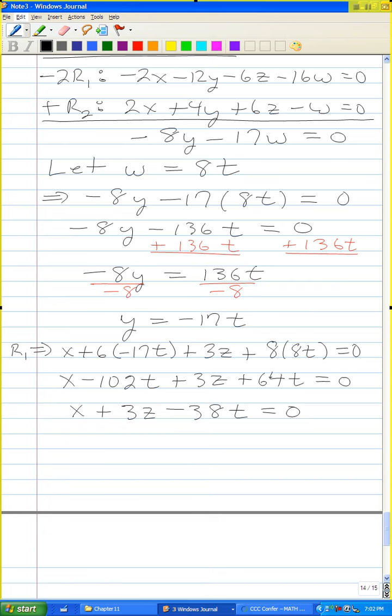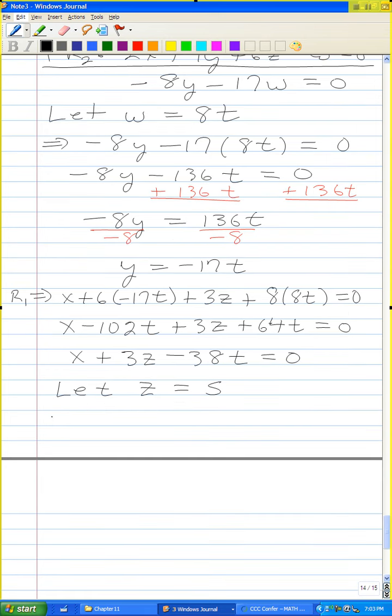So I have, let z equal s. Then this equation becomes x plus 3s minus 38t equals 0.